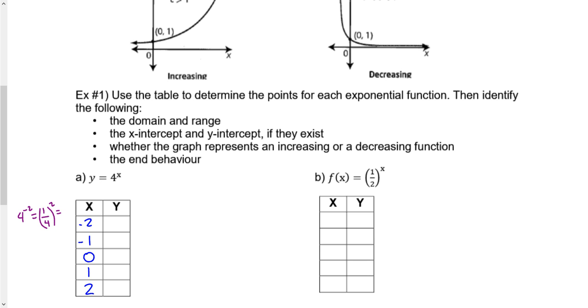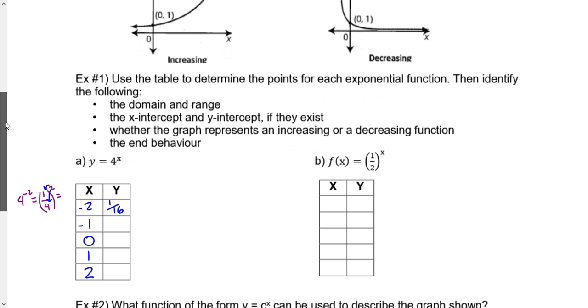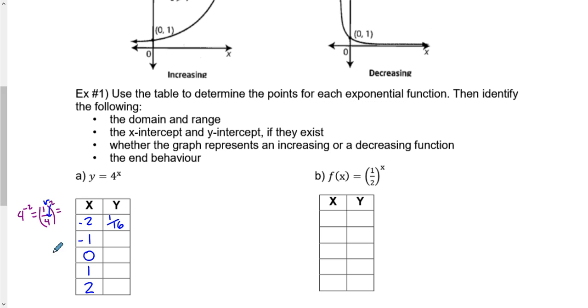Now to square 1/4 means we'd be squaring the numerator and squaring the denominator, which means we would have 1/16. Of course, back to a decimal is 0.0625, but 1/16 just works out a lot nicer. I like fractions.